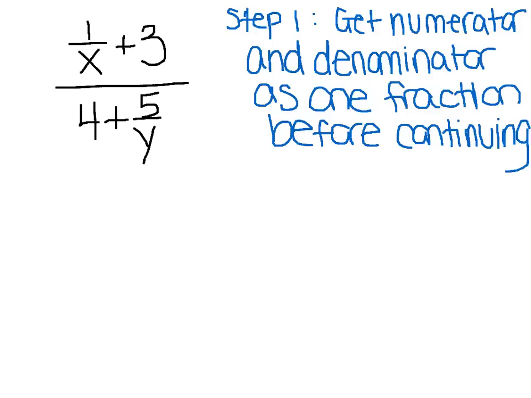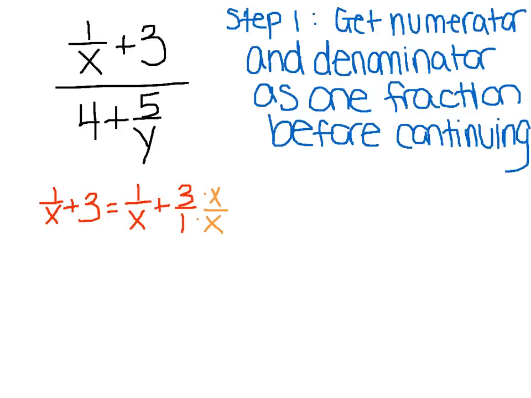So if we have 1 over x plus 3, 1 over x plus 3 is the same thing as 1 over x plus 3 over 1. So you want to find the common denominator. Well, the least common denominator is going to be x. So in order to do that, I'm going to need to multiply this 3 over 1 by x over x.